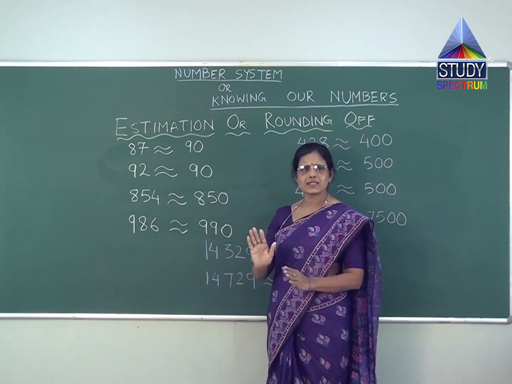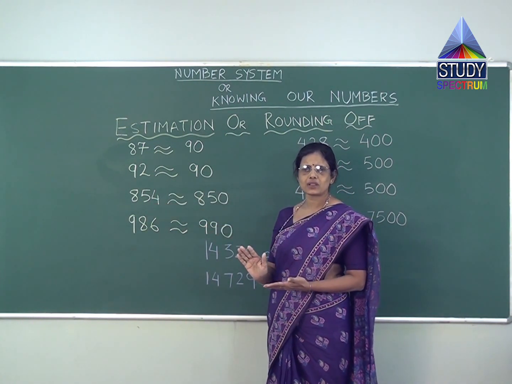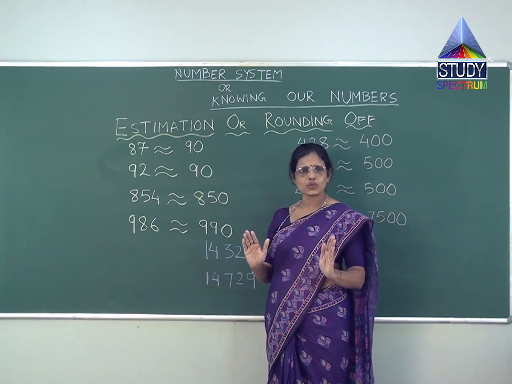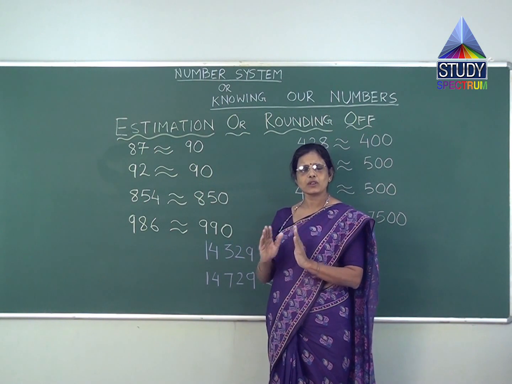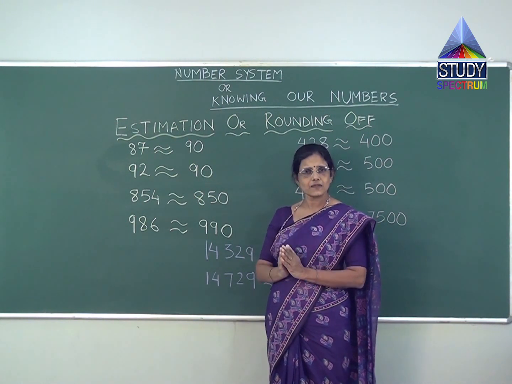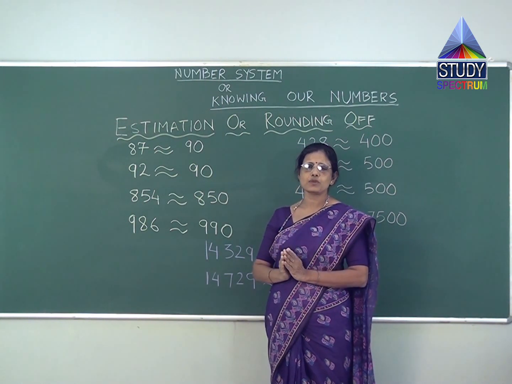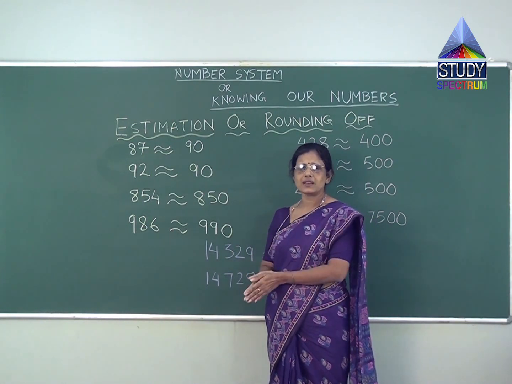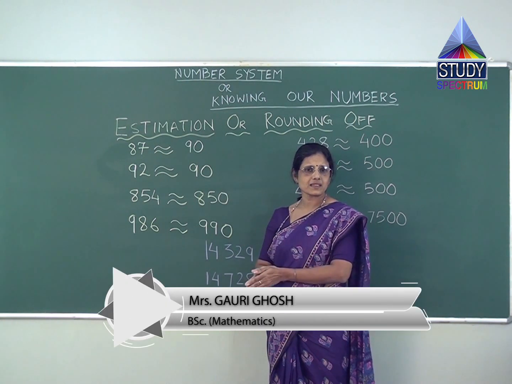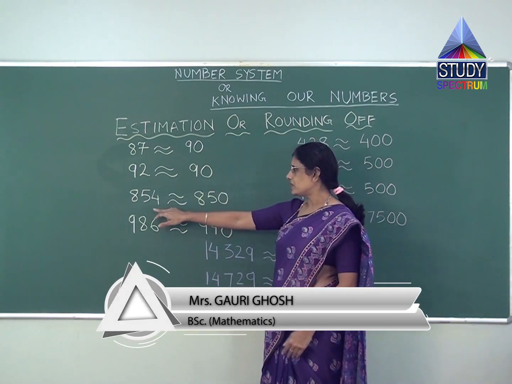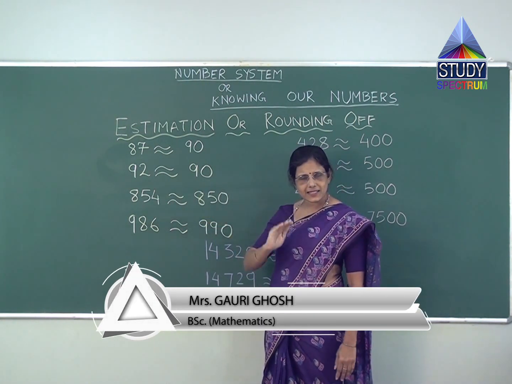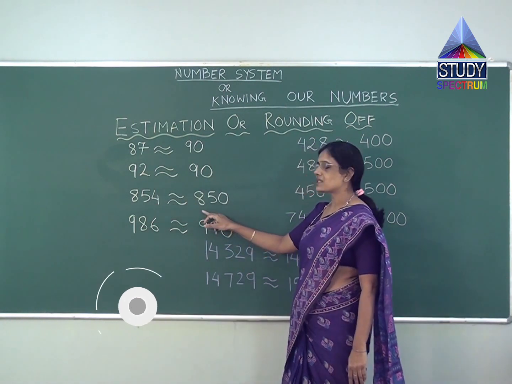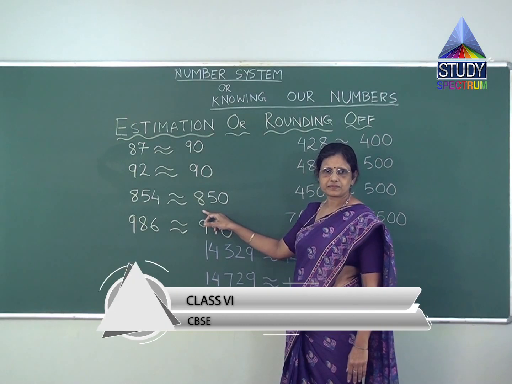And the hundreds place stays as it is. Never change that if I am talking about nearest tens. So the thousands and hundreds place values will be the same. Only if there is some change, it will be in the tens place, and that also depends on the digit placed in the units place. Okay, so if it is 4, which is less than 5, there will be no change in the tens digit, it is coming as 850.